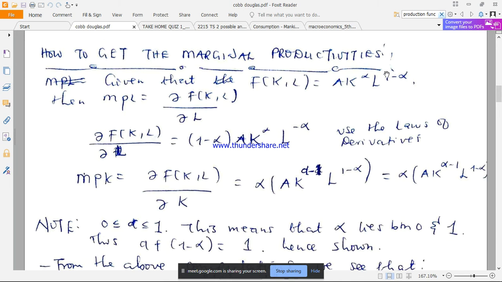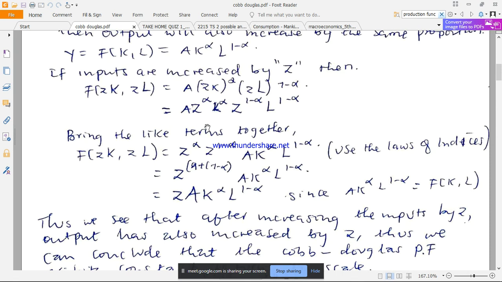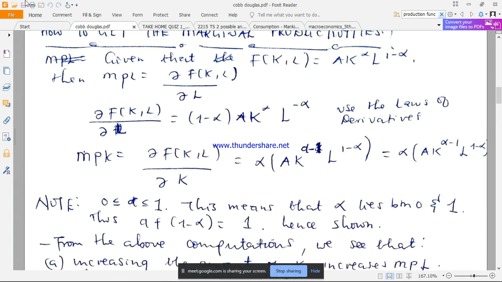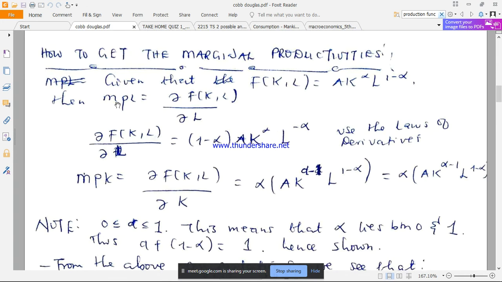What we're expected to do is this. So now let's go to the marginal productivities. Given that we have this production function, then the marginal product of labor. From the definition, we defined the marginal product of labor as the incremental output that we are going to witness after increasing labor by 1 unit.